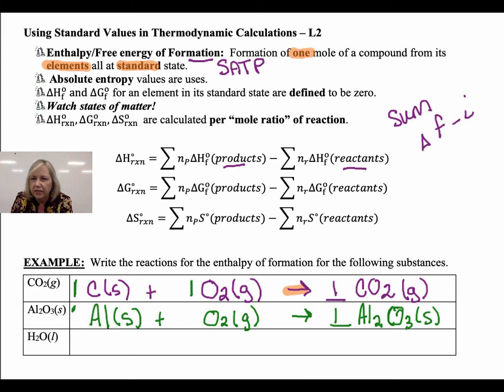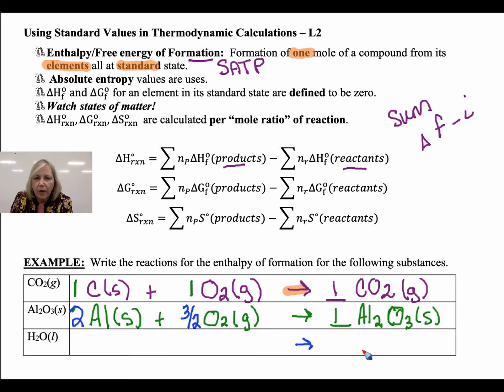Let me get a different color so that shows up better for you. 2 aluminums. Now you notice here that I have 3 oxygens. So what we will do here is we will balance this with a fraction. It's not uncommon to see fractions for diatomics. It doesn't make conceptual sense really. How do we get 3/2 of an O2? But it does make sure we don't imply that we are violating the law of conservation of mass, for example. So that would be that one.